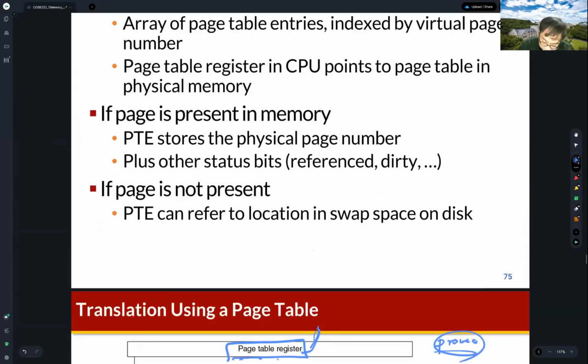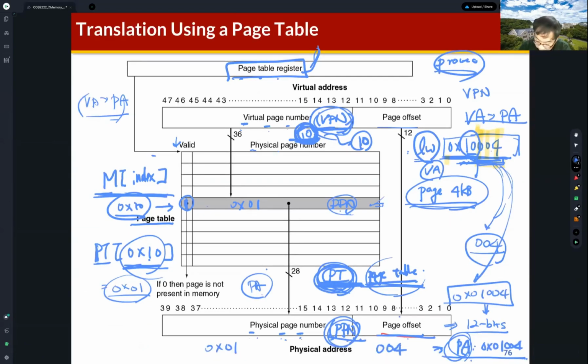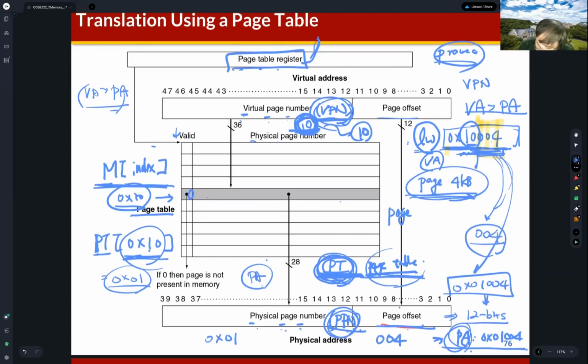But if the requested virtual address, the requested page, can be found in the physical memory, or cannot be found in the real physical memory, which means that the data is on the storage system, then in this case the valid bit is 0. This situation is called a page fault.